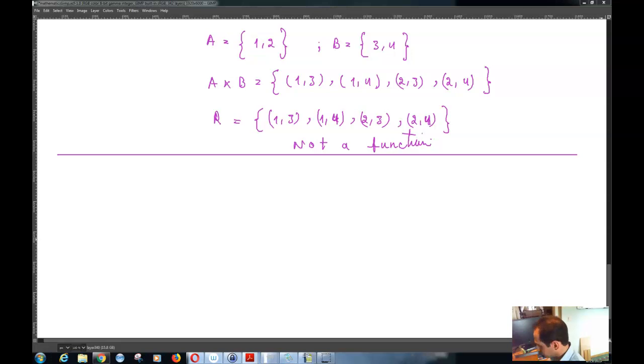So that is basically that. Now let's do a couple of examples here.